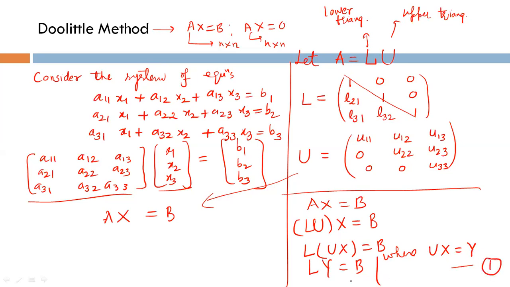First, LY equal to B, which is equation 1, and second, UX equal to Y, which is equation 2. Our aim is to find X. So we will first find Y, and then put Y in equation 2 to find the values of x1, x2, x3. Now, how to find the L and U matrices? First we will see this.